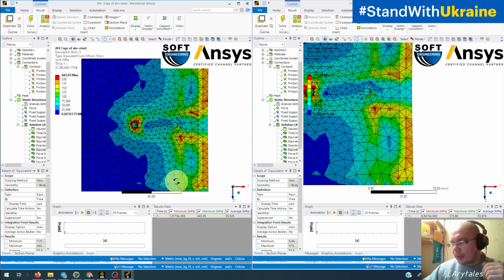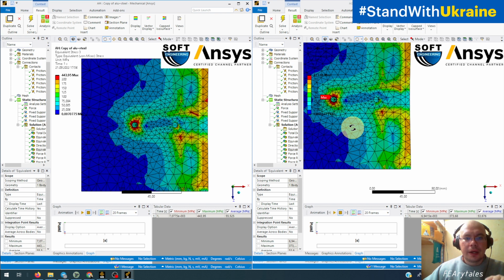So if we need to find a proper combination of materials, unfortunately we need to do all types of combinations and check them all. And do this check very carefully, not only for the whole construction and for these numbers of maximum value, but you need to check the stress and deformation distribution also.